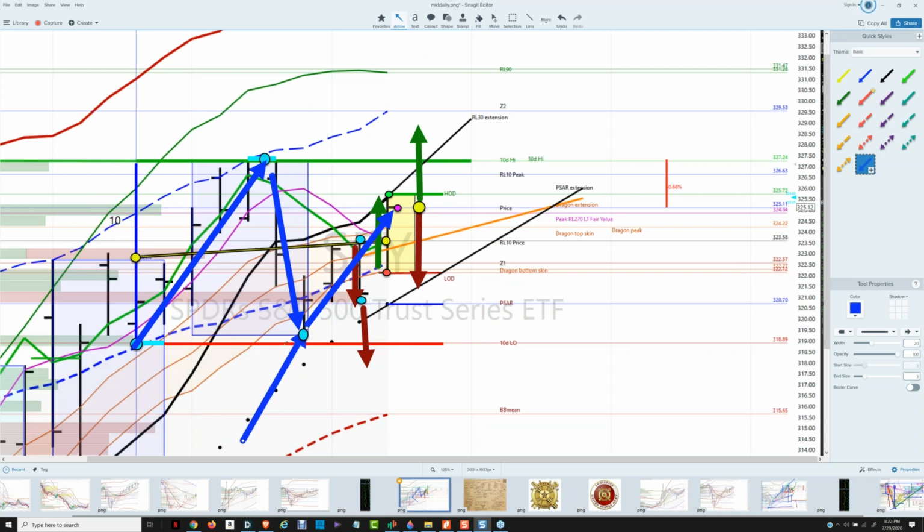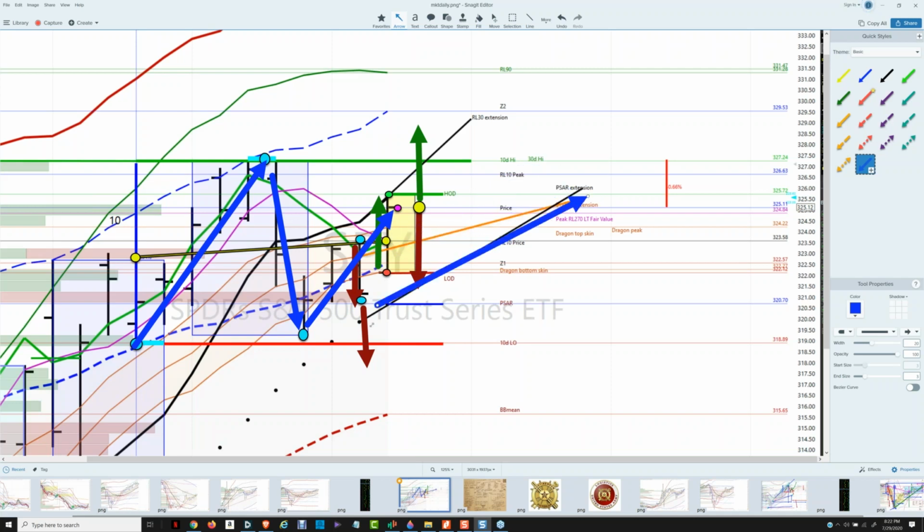So we'll take that. But we also notice that the slope of the dragon has been positive. It has flowed from the vicinity of the 10-day low, and now price has closed above the north skin of the dragon at 324.22. So I'll take that as a favorable sign that the slope of the dragon still continues to be up.